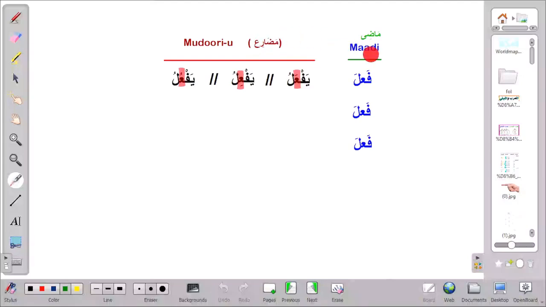Okay, but I want to point out something here. If you observe very well, the fi'l al-madi that we have done, zahaba, kharaja, kataba, kasara, jalasa, all these verbs that we have seen, I don't know whether you observe something. We are talking about the pattern in which they come. And please note, let me put a note first. We are talking about 3-letter verbs.